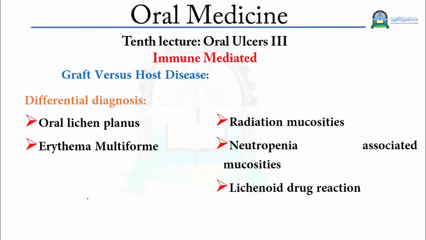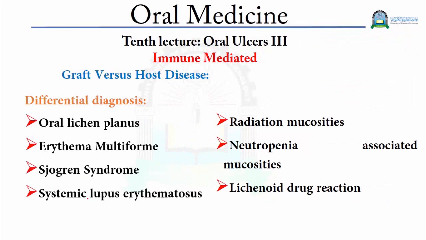The lesions which can be clinically similar to graft-versus-host disease are oral lichen planus, erythema multiforme, Sjogren syndrome, associated with dry mouth and other clinical features.